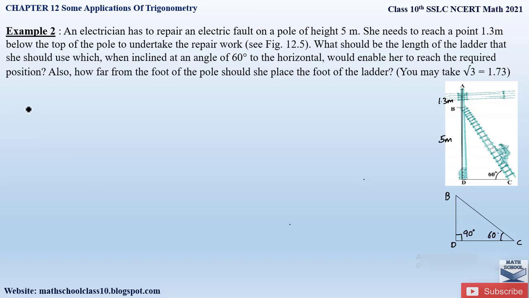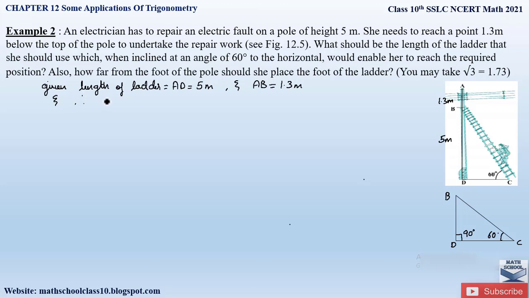So let us write down first what is given in the question. They have given us the length of the pole AD to be 5 meter, and the length AB is 1.3 meter. So now we can find out the value of BD by subtracting AB from AD.